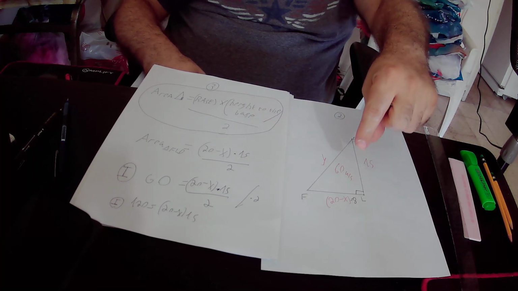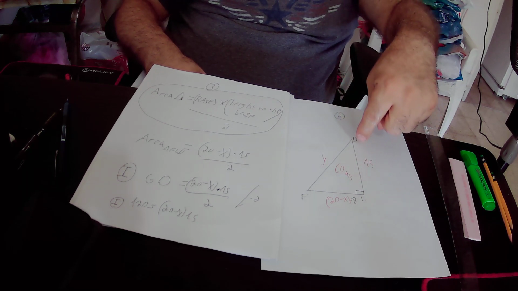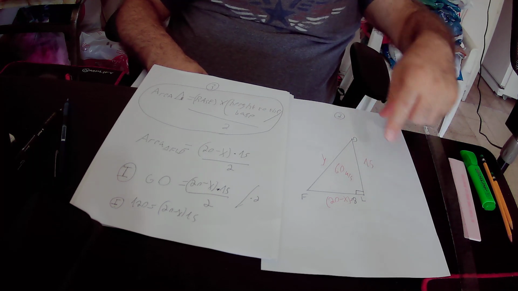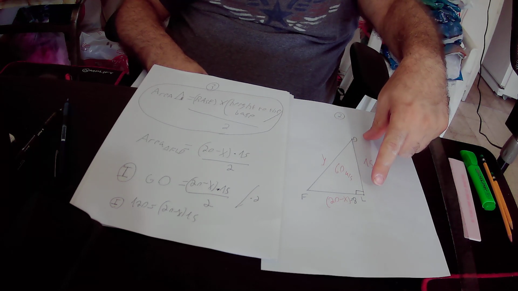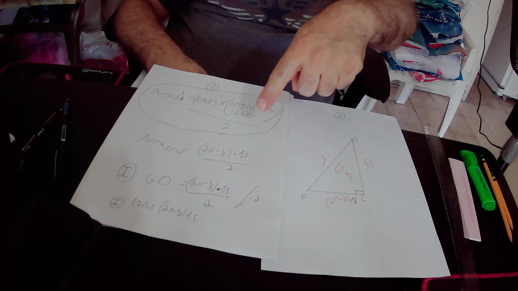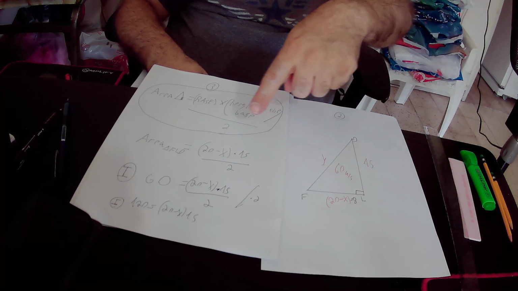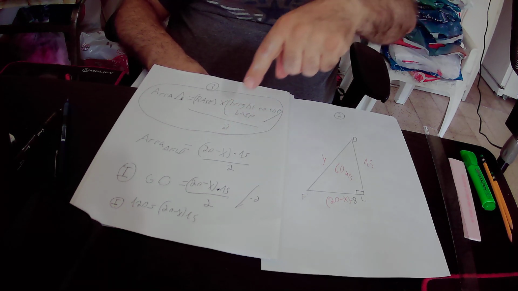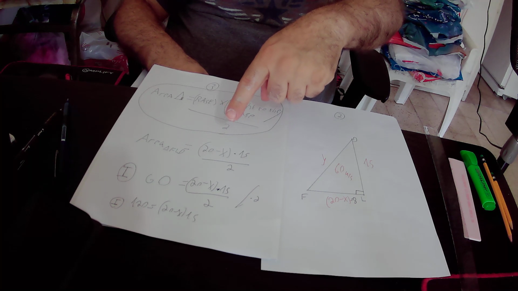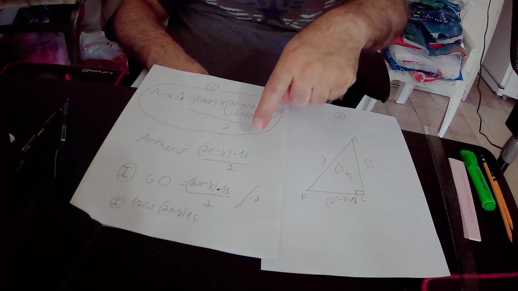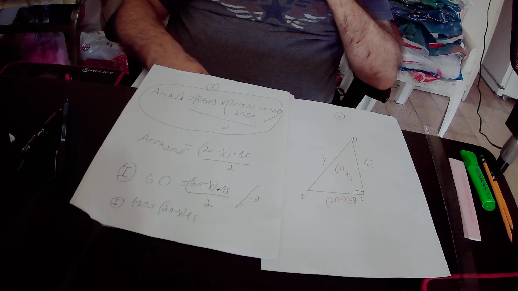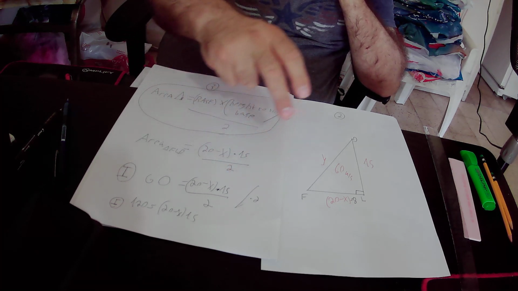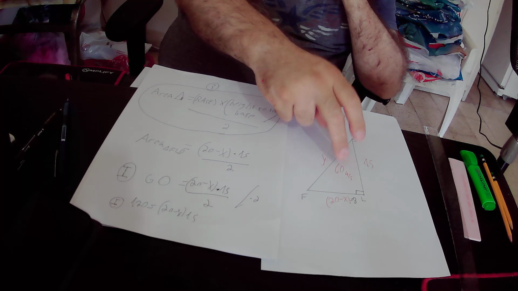The height must create 90 degrees with the base, so LD creates 90 degrees with FL. So LD is the height of this right triangle. So the height is 15 units, the base is 20 minus x units. So we multiply 20 minus x, the base, times the height, 15, over 2. That is the formula for the area, and we already know that the area of this right triangle equals 60 units.